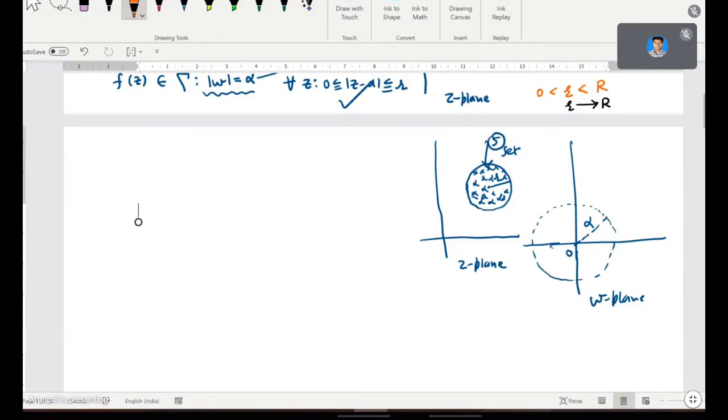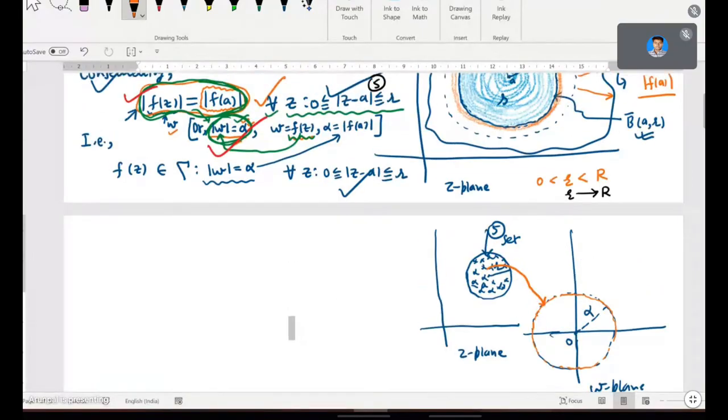So the image of this complete set is coming out to be this circle, class. Is this okay, class? Yes, sir. This is really a beautiful reading of this kind of expression.